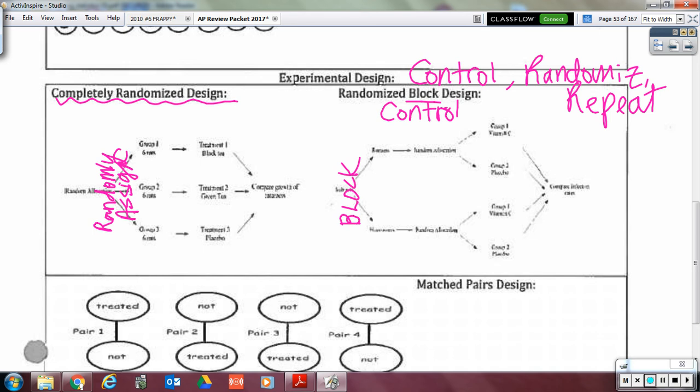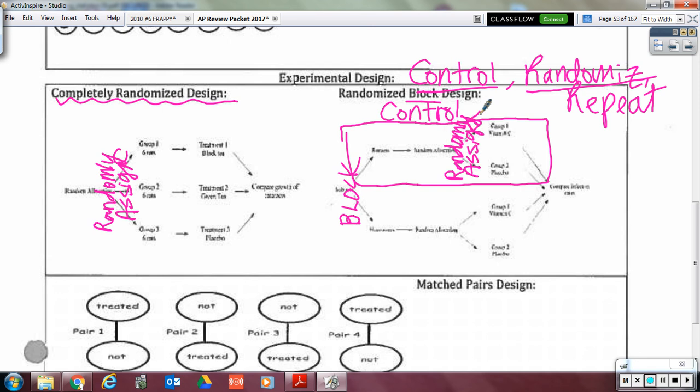So blocking is controlling that trait that you think will affect the way subjects respond, and then within each block is experimentation. So within this upper block, I will then randomly assign. See? Control first, then randomize. Control, randomize, repeat. Within each block is experimentation.